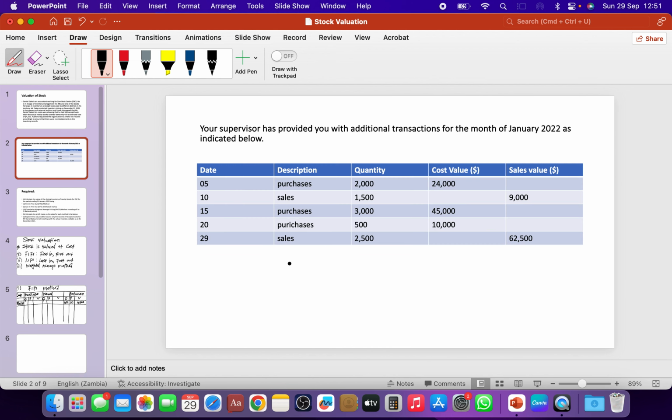The next transactions happened on the 5th of January. We purchased stock, quantity 2,000. The value of the stock was 24,000.